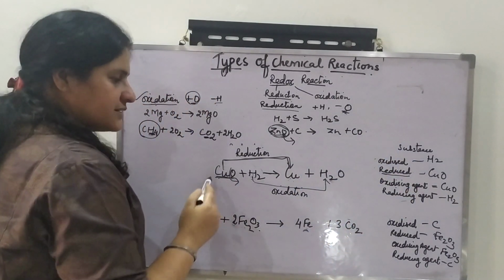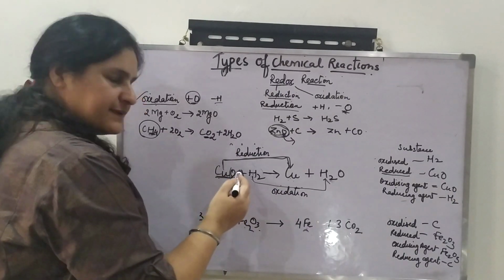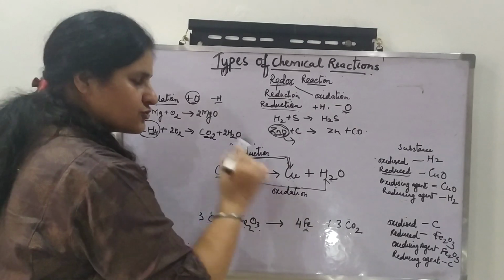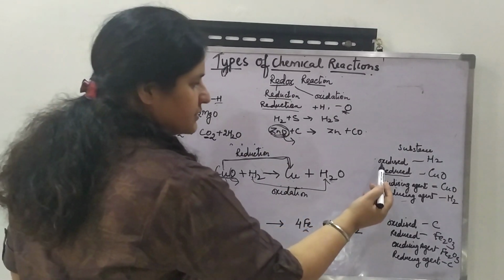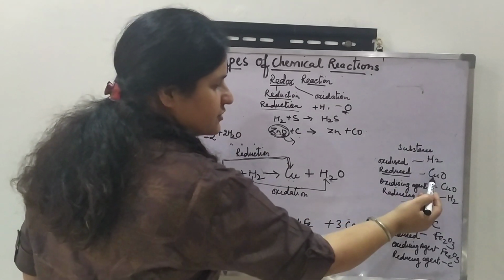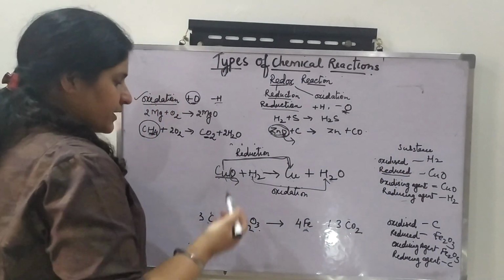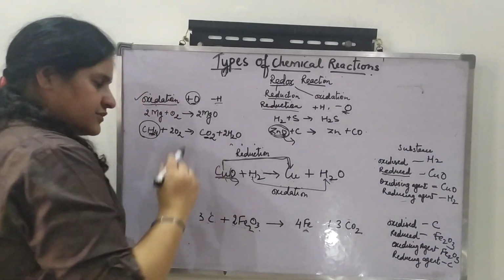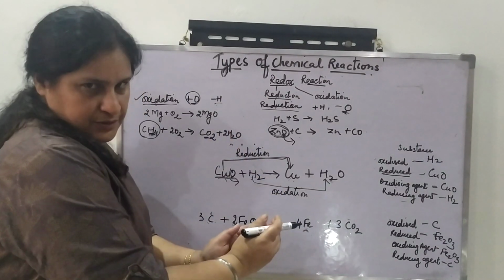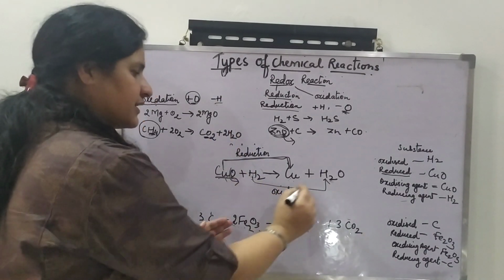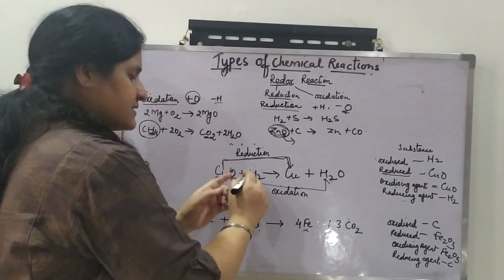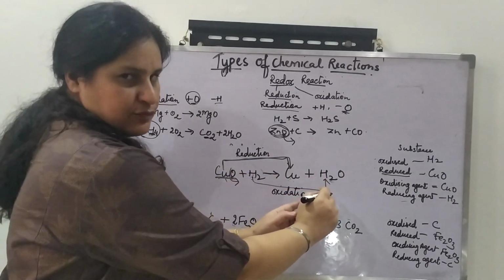And the substance that is reduced, how has it been reduced? By removing its oxygen. So copper oxide is reduced to copper, right? So the substance that is reduced is copper oxide. Now this copper oxide gives its oxygen to hydrogen, so that hydrogen gets oxidized to a water molecule.